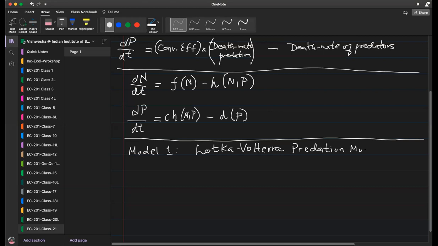f of n is assumed to be just a times n, which basically means density independent growth. In the absence of predators, the prey will grow exponentially.